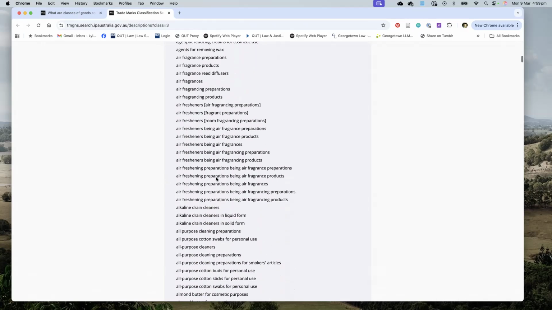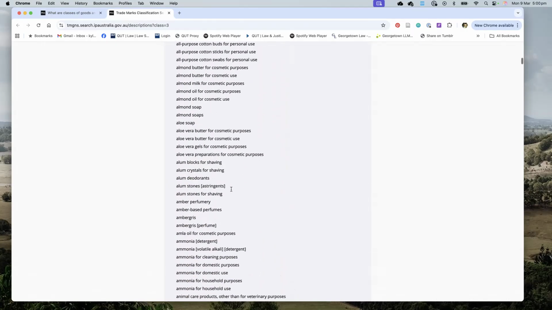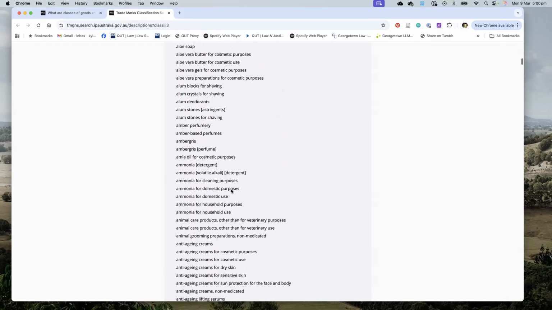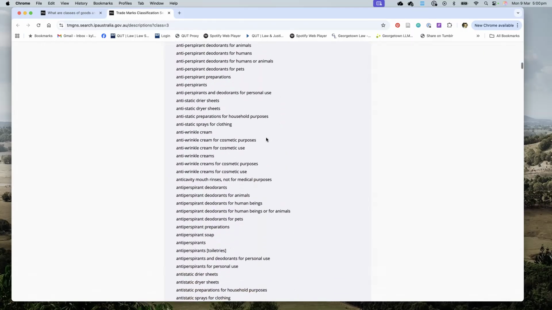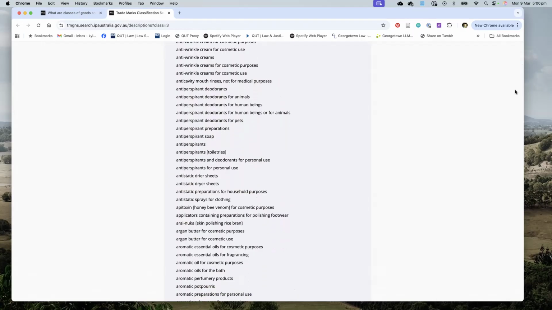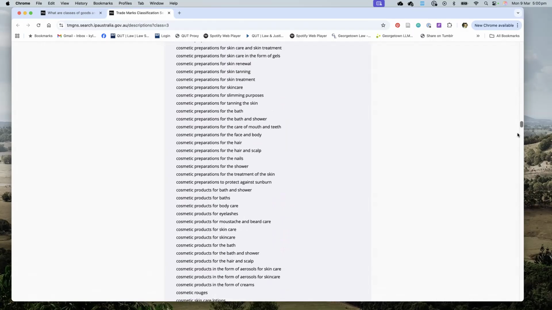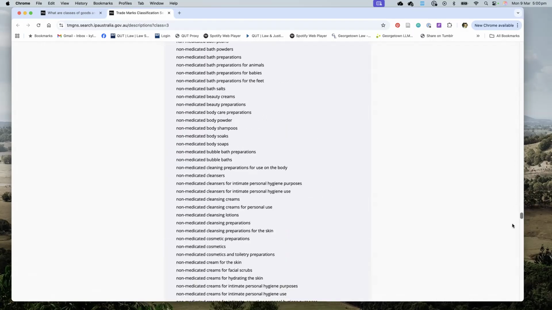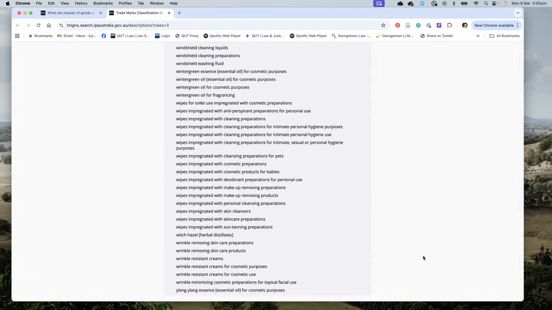So air fragrances, air fresheners, almond milk for cosmetic purposes, ammonia, animal grooming products, anti-aging creams, antiperspirants. We're still just at A. Look, this is how long or how many different things are in class 3.